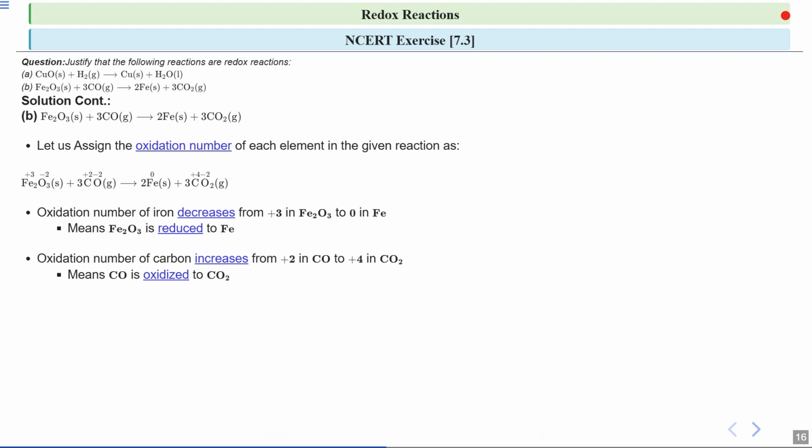Again, this can be explained on the classical basis because carbon monoxide is being added with one oxygen. So it is an example of classical oxidation. So the overall reaction can be named a redox reaction because oxidation and reduction are occurring simultaneously in this same process.